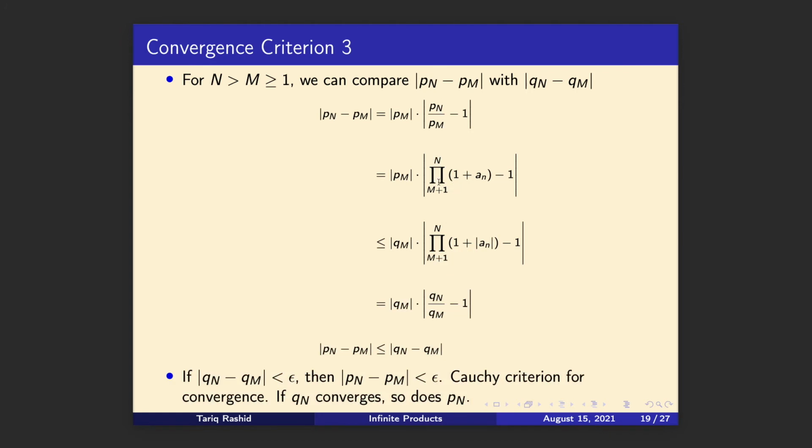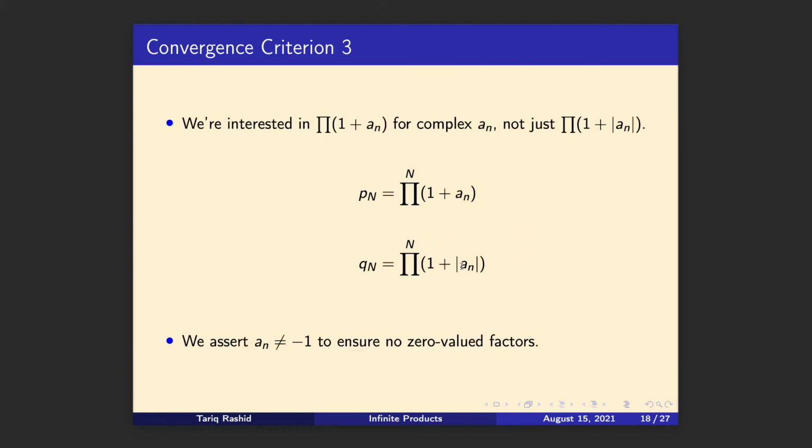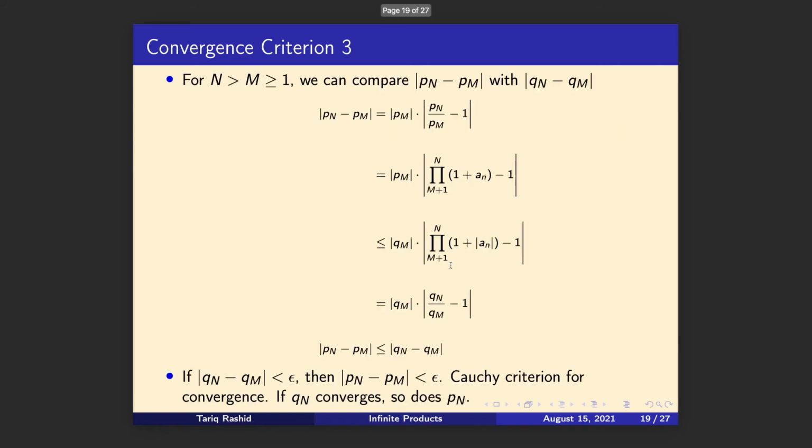Now we recognize that the magnitude of Pm is going to be less than or equal to Qm, because Qm was made of the absolute values, which are always going to be greater. The same happens here where we replace an with the magnitude. It will be less than or equal to, and then we can recast this as Qn over Qm. So we come to the conclusion that the magnitude of Pn minus Pm is less than or equal to Qn minus Qm.